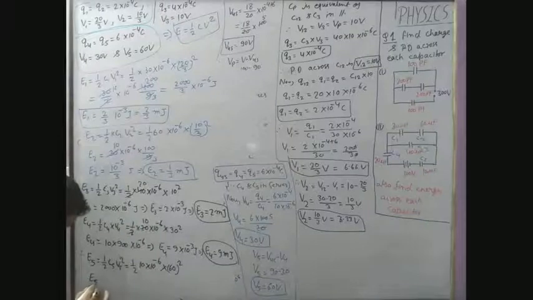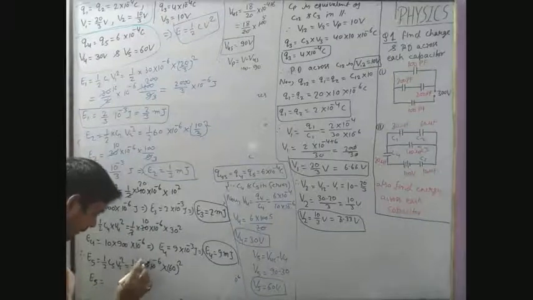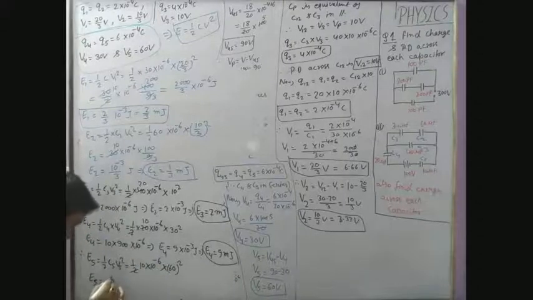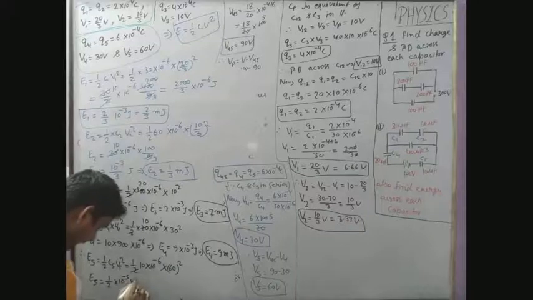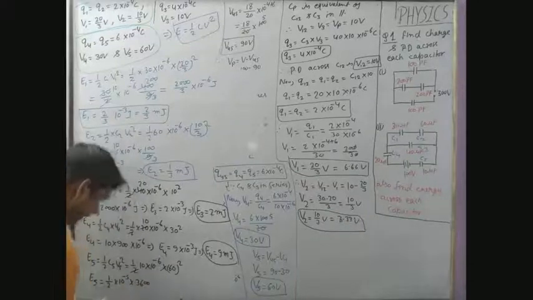Therefore E5 you will get from here is 1 by 2 into 10 to the power minus 5 into 3600.